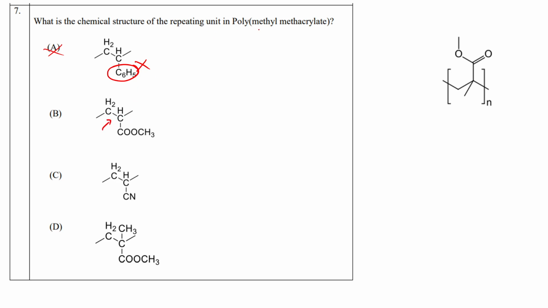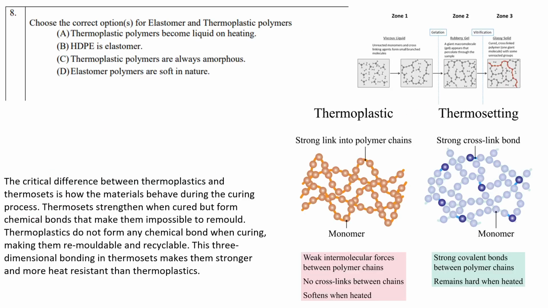You can call it methyl methacrylate, but it should be polymethyl methacrylate. The methyl unit is not in B. Again, cyano is not right, only D. So for D, you are seeing that the methyl unit and ester unit both are present, so that's why D would be your option.